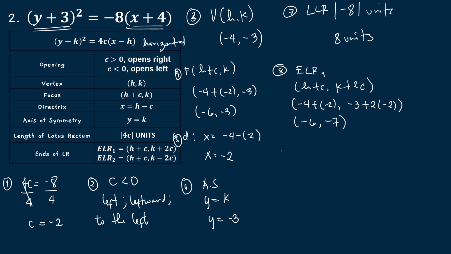Then number 9, ELR2, same solution, negative 4 plus negative 2, comma, negative 3, this time minus 2 times negative 2. So that's still negative 6 on our x, and negative 2 times negative 2 is positive 4. So negative 3 plus positive 4 would be positive 1. So that's our solution for number 2.